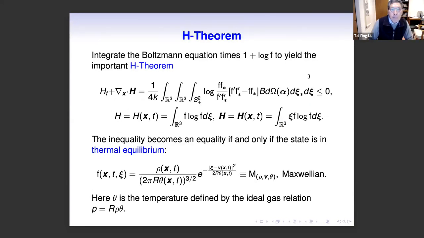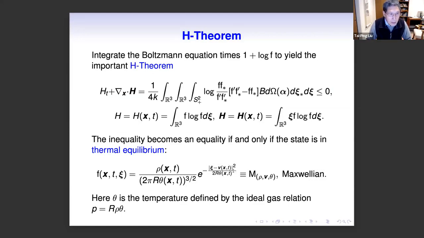So if I multiply the Boltzmann equation by log f, then instead of getting the conservation law, one gets an inequality, something is less than or equal to 0. This inequality is an equality if and only if the distribution function is Gaussian in the microscopic variable c.